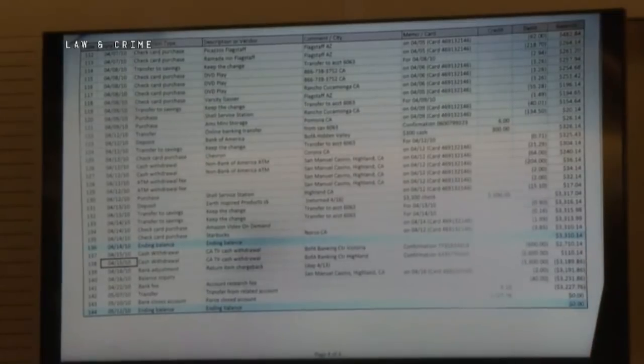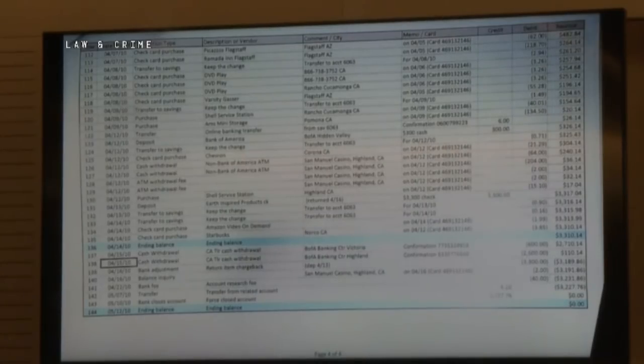And then going to page 4 of this exhibit, if you can tell us about line 136. 136 is a statement ending April 14th, 2010, and the balance is $3,310.14. And then line 144.